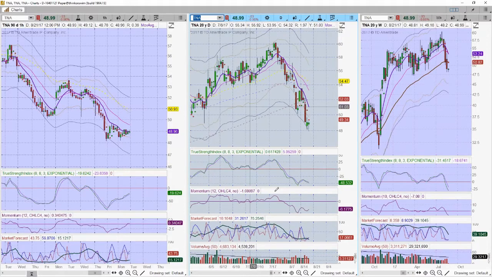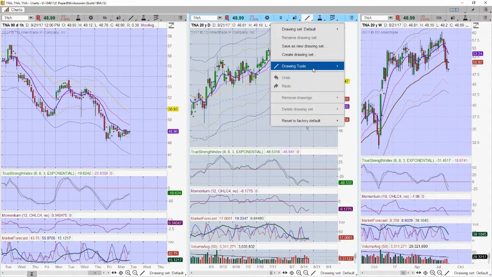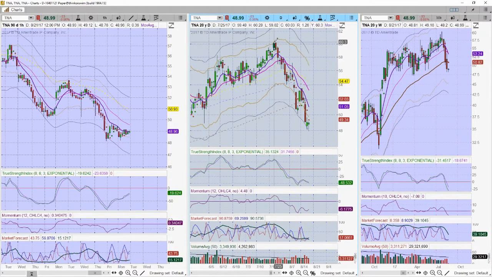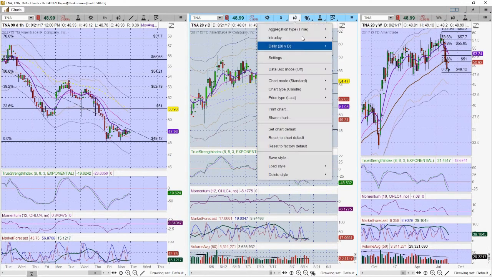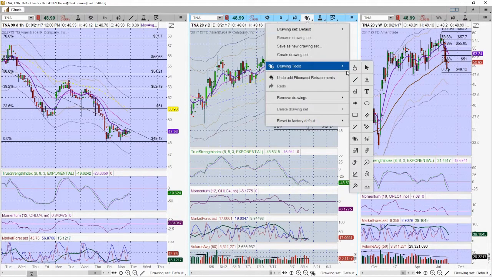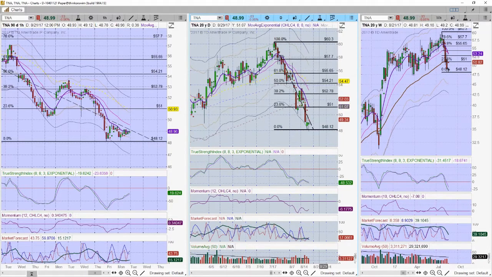What kind of a bounce might we look for? Again, we roll in on the fib retracements. From top to bottom, there we go. Go back to our trend line. There we go, that is our trend line. And so if TNA makes it back to its 50% retracement, or let's just go to 38.2, which is typically, if this is a bottom, where it has a strong likelihood to go.